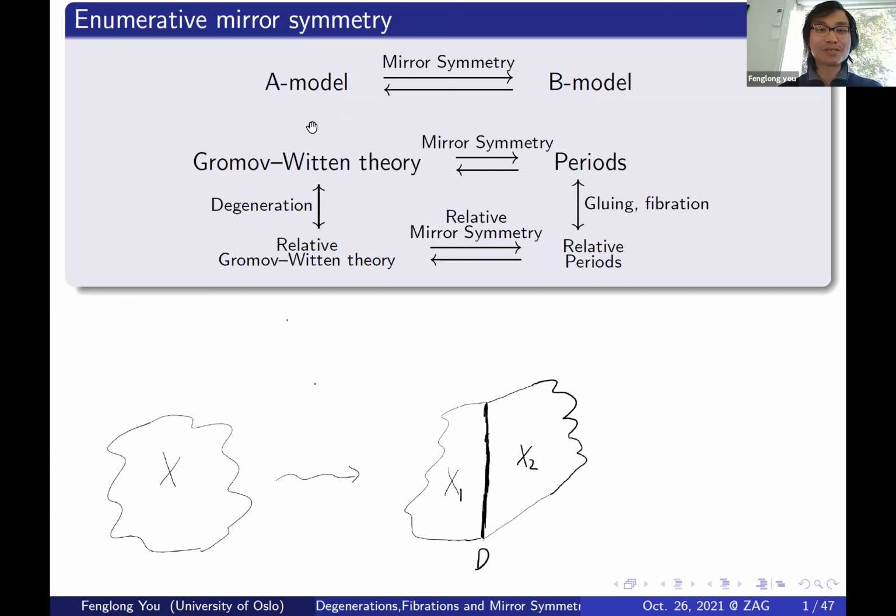First we have Gromov-Witten invariants of X. By mirror symmetry, they are related to some period integral of the mirror.